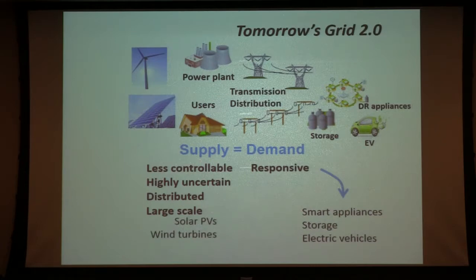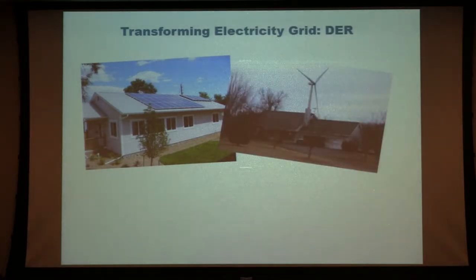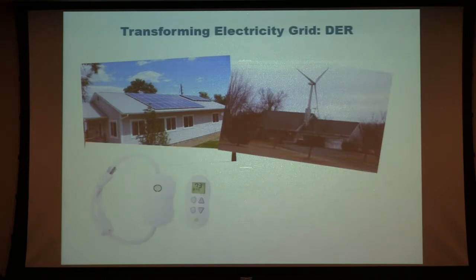This is what people call distributed energy resources. It combines small wind turbines and solar PV with those new appliances, because now almost everyone can contribute as an energy resource. They provide energy in a certain way. That's what John was saying. Now we see more and more houses with solar on the roof, and even small wind turbines.